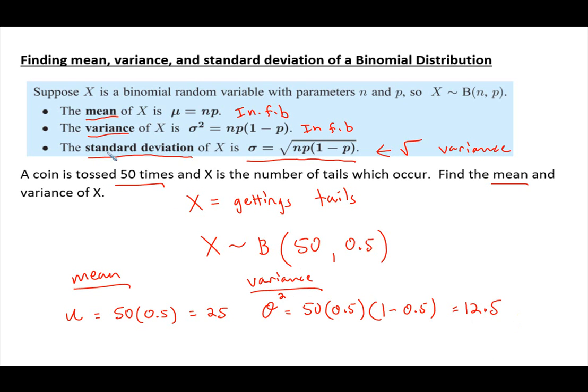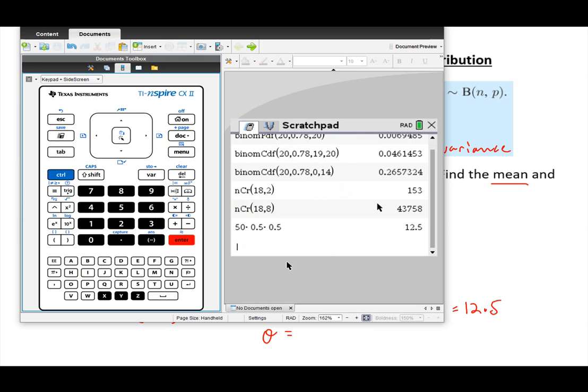Now, if you have variance and let's say you happen to need to find standard deviation, just understand that you're just square rooting the variance. So it would be the square root of your previous answer. I have my previous answer, 12.5, I can just square root it.